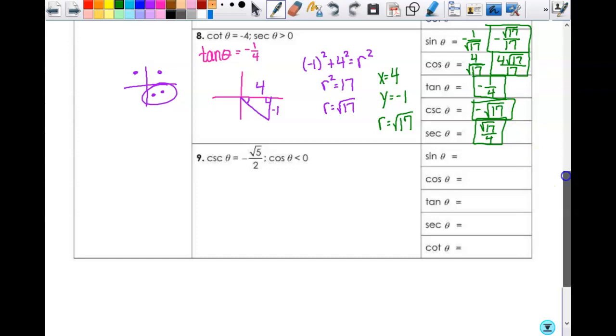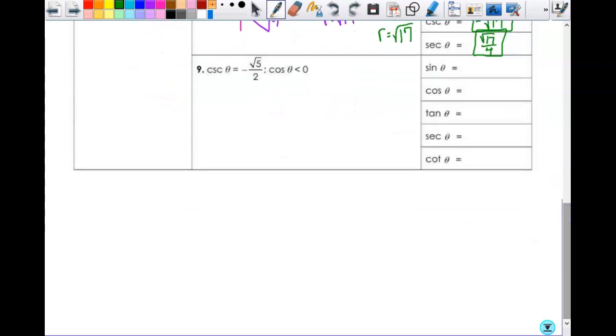All right, I want you to look at number 9. I want you to decide what quadrant you think it's going to be in. What do we think?